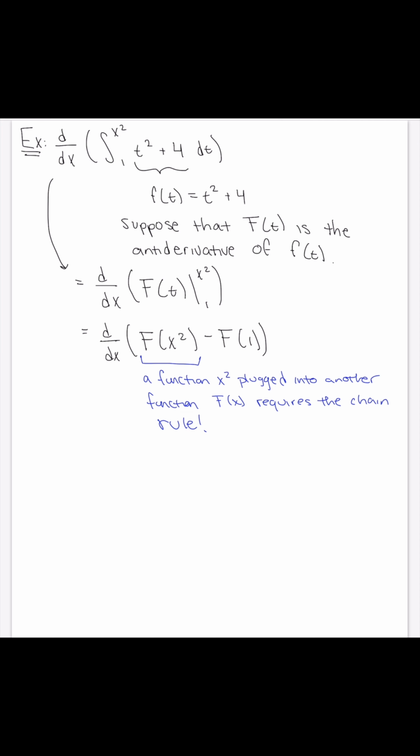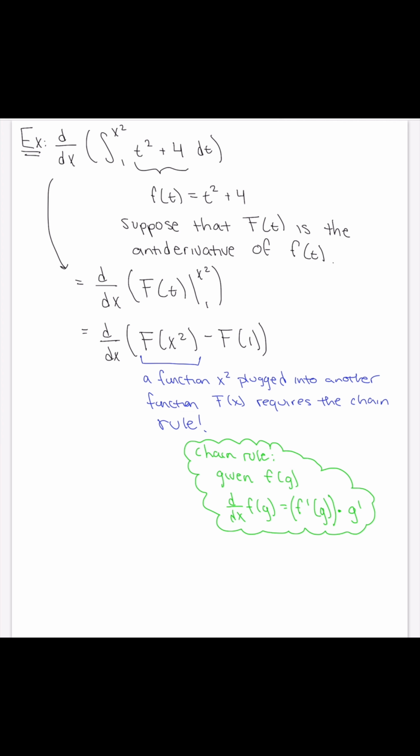Let's just write it out really quick as a brief reminder. The chain rule says that if you're given some function f with some function g plugged inside of it, then the derivative of f of g is the derivative of the outer function with the inner function plugged in, times the derivative of the inner function.